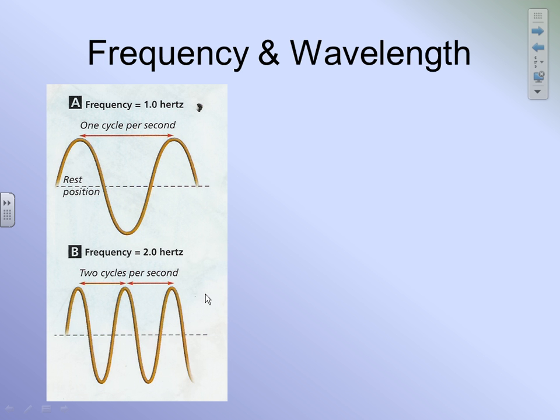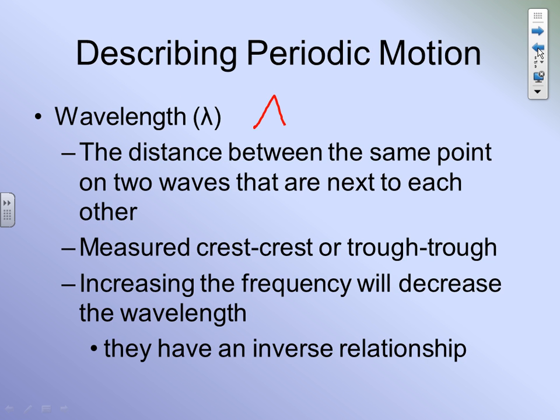So as the frequency increases, the wavelength decreases. What kind of relationship? Inverse relationship, right? So increasing the frequency will decrease the wavelength. They have an inverse relationship. So f equals 1 over lambda, or lambda equals 1 over f. Those are just mathematically representing that inverse relationship.